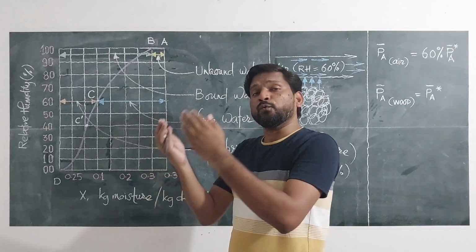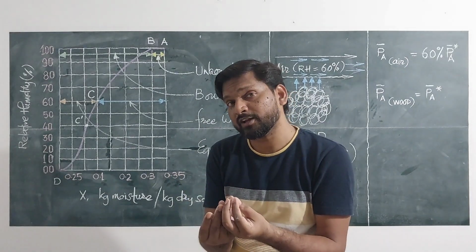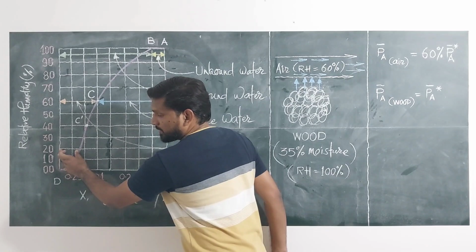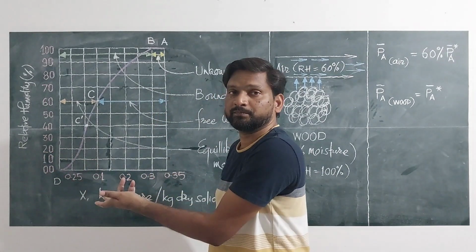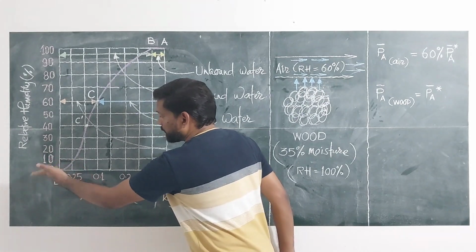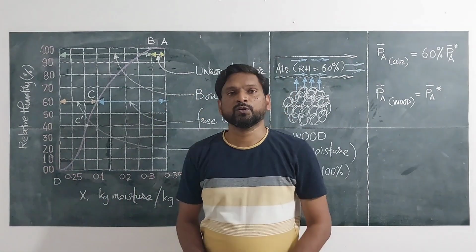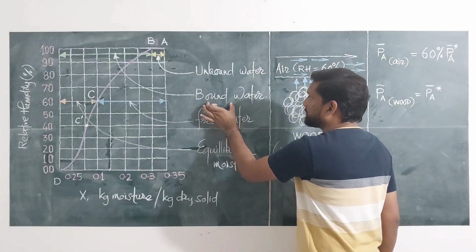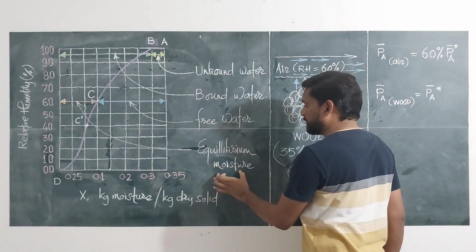What if we use 20% RH air? This would be the equilibrium moisture content. For 10% it would be here, and for 0 it would be here. Got it? So we learned bound moisture, unbound moisture and equilibrium moisture.